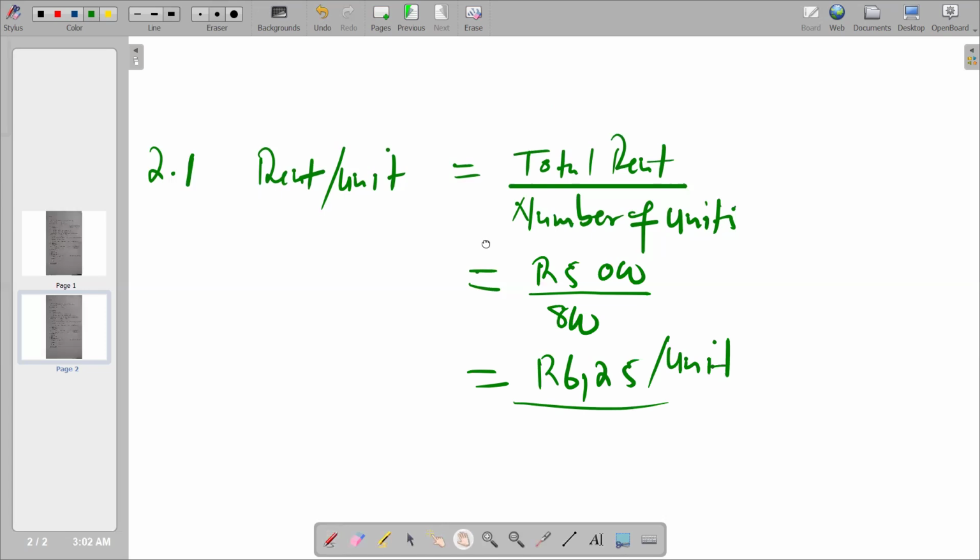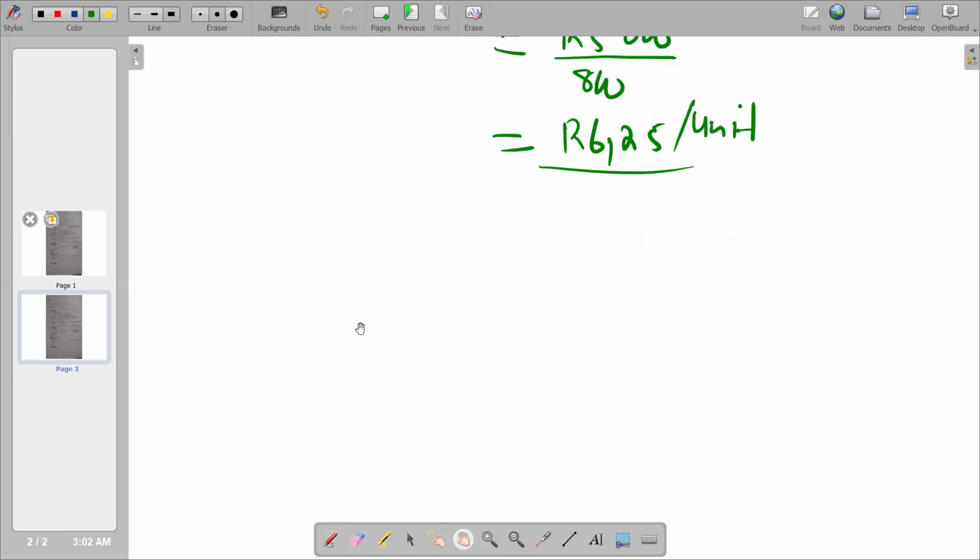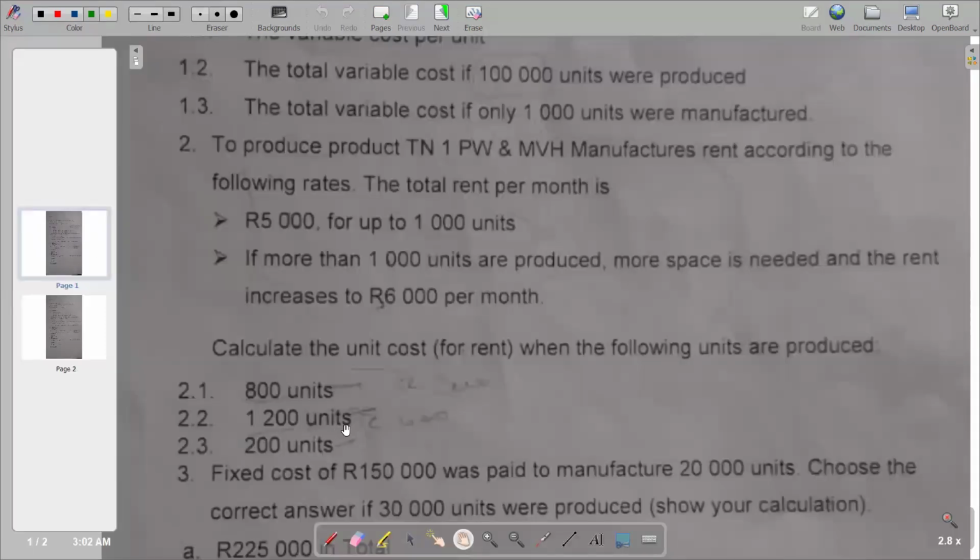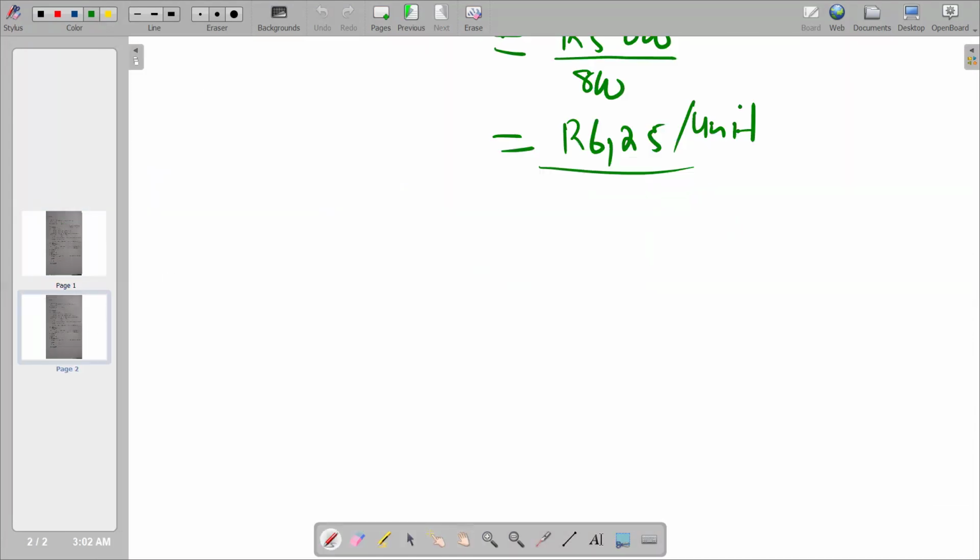And then we move on to the second part of our question, which is if 1,200 units are produced. 1,200 is above 1,000, so it is in the band of more than 1,000 units produced. So we have a fixed cost of 6,000 in this case. So 2.2: it becomes 6,000 divided by 1,200.